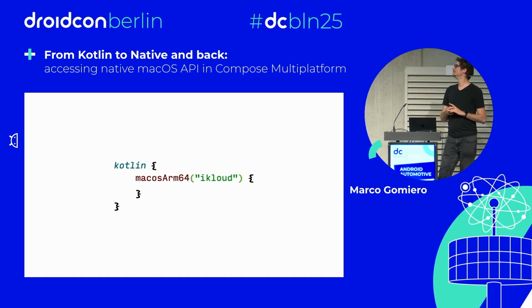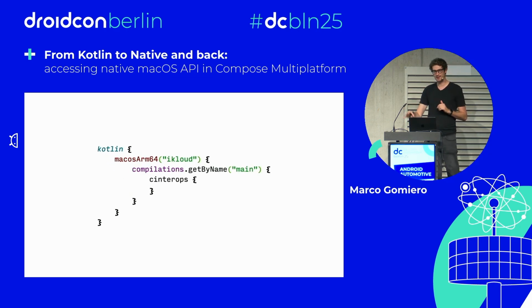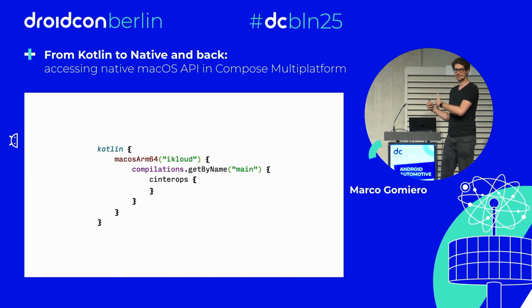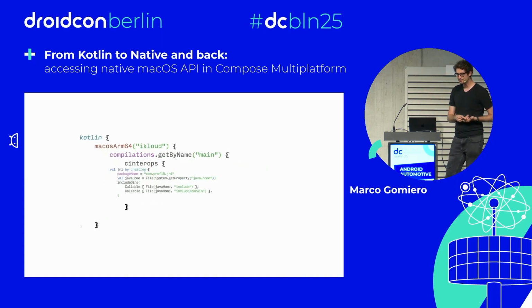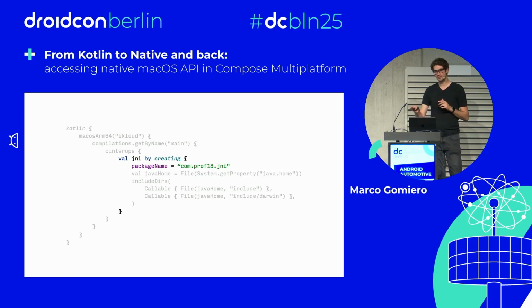Okay, so at this point, inside the cinterops block, you need to define the bindings, to actually tell Gradle to generate the bindings. And to do that, you need to create a new block and tell, first of all, the package that you want.